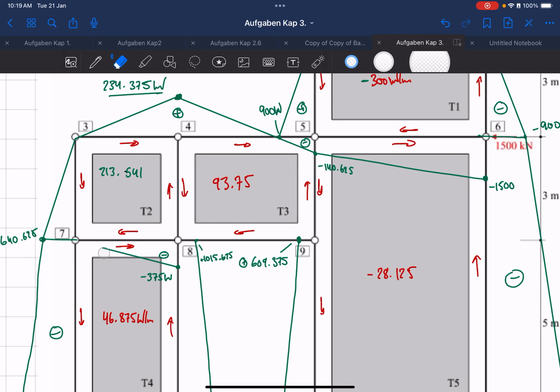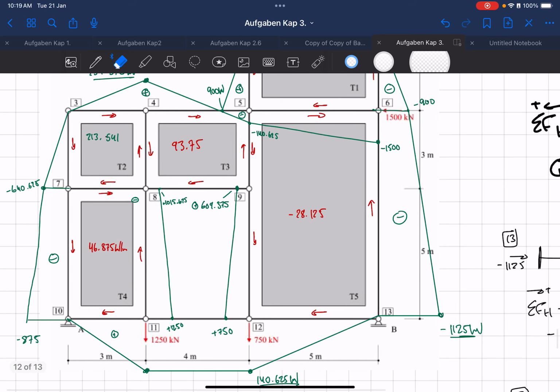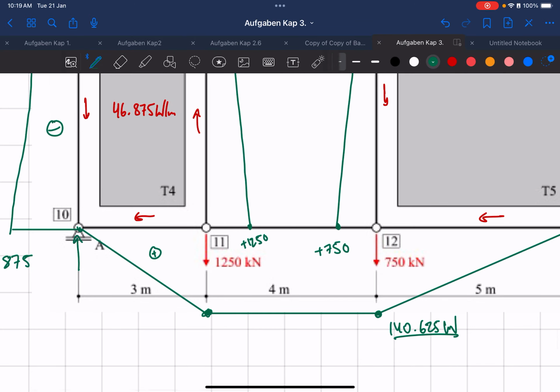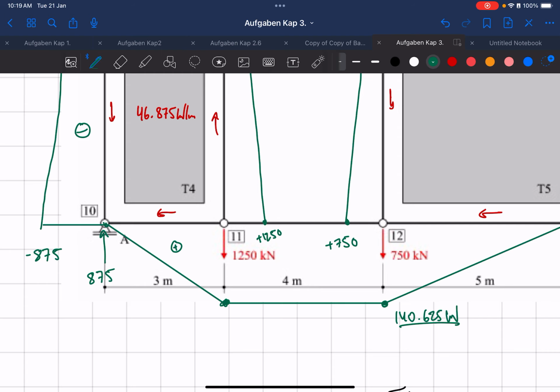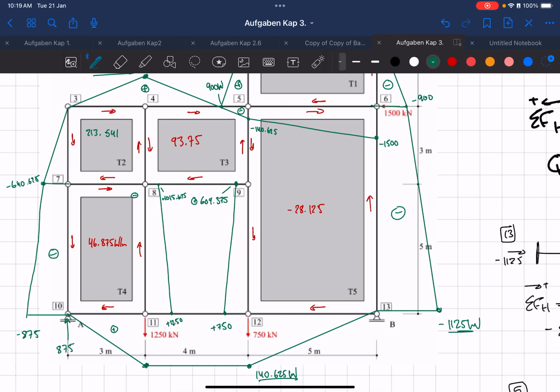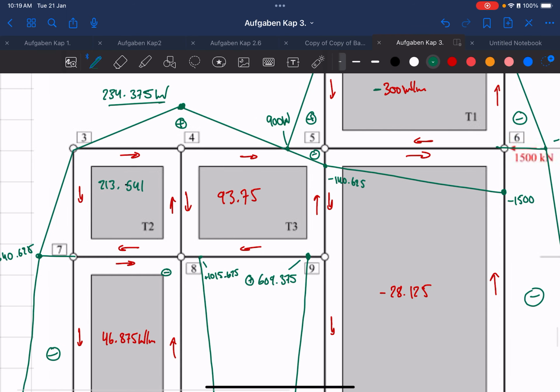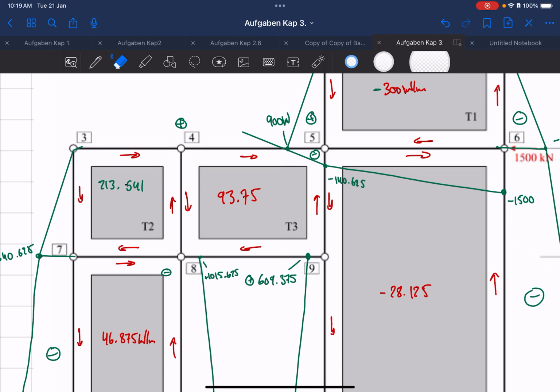So that means this is also wrong. This should stay correct. Really should draw this 875. So, okay, now this would also be completely wrong here. Everything here is incorrect, I would say. So I'll be careful with this. And then if it goes in the same direction, it should be a negative.